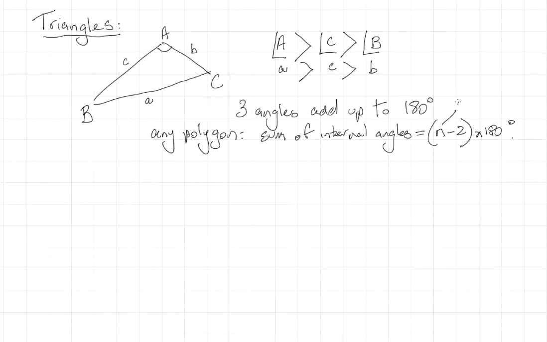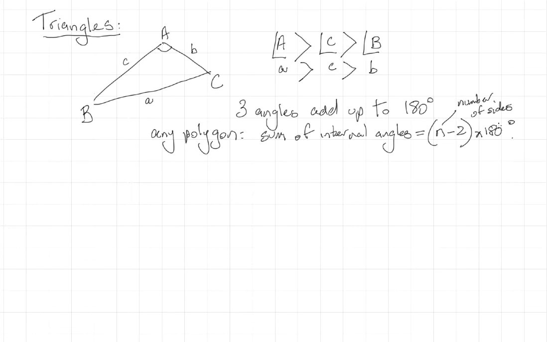So in this case, a triangle is a three-sided figure: 3 minus 2 is 1, times 180. If you had a four-sided figure, 4 minus 2 is 2, times 180. So all the angles in a four-sided figure, which we call a quadrilateral, add up to 2 times 180, which will be 360 degrees.